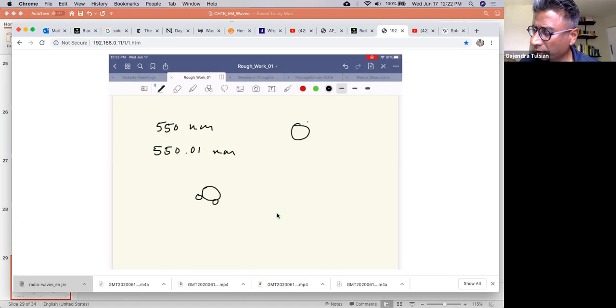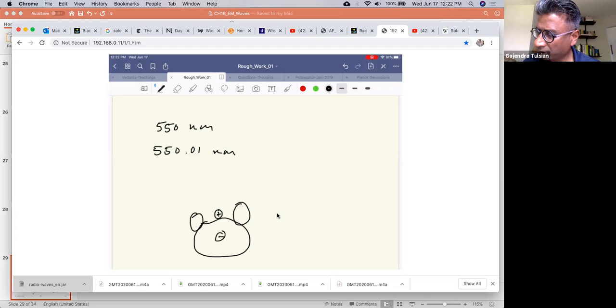I'll draw it bigger. Here's the Mickey Mouse molecule. You saw that the oxygen atom is greedy for electrons, and so here is the dipole moment.